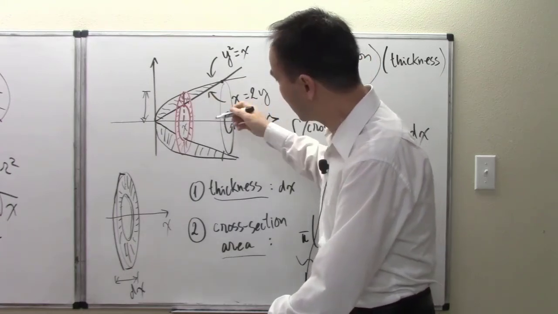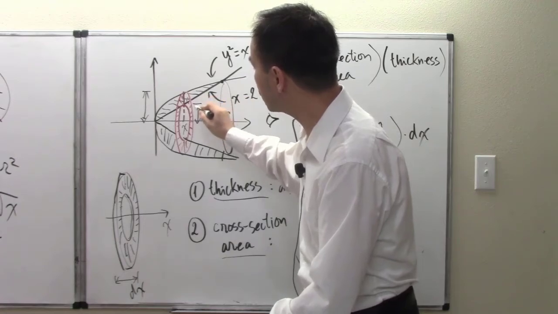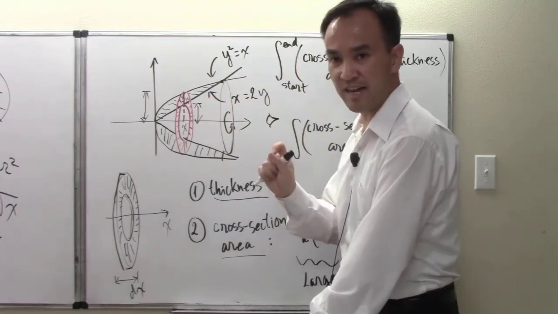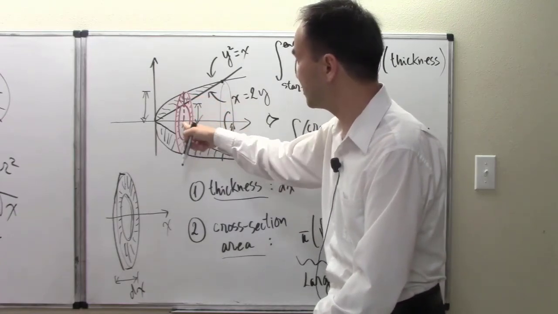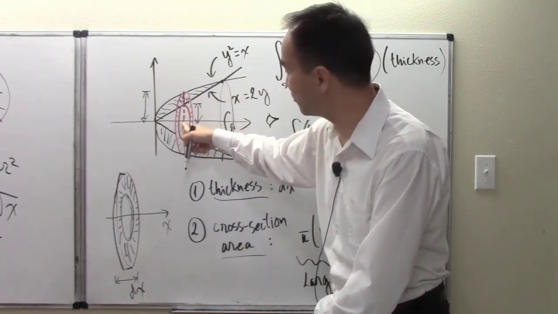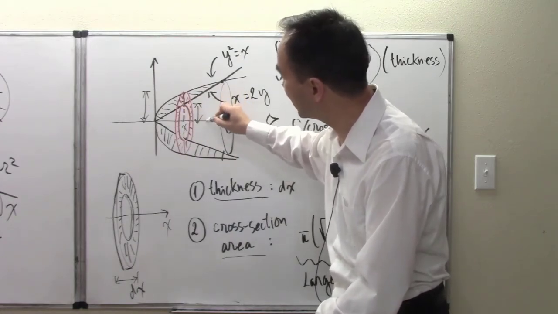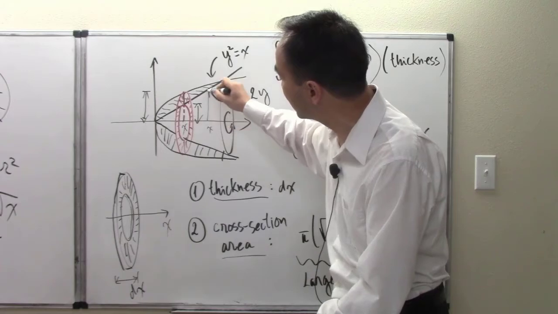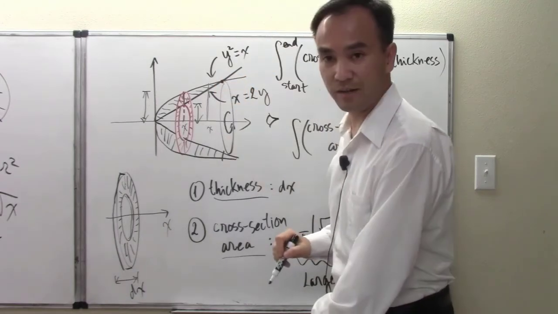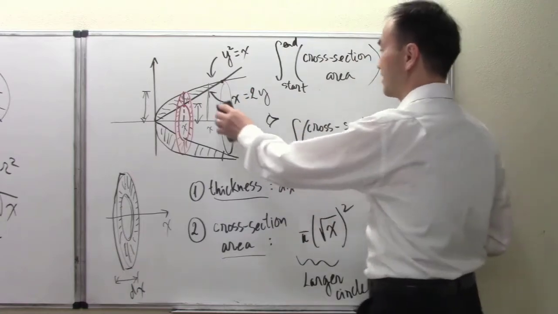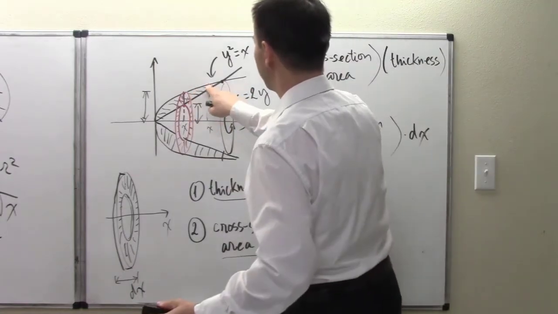So again, we need to express that height right here as a function of x, because at that particular x value, how high does it reach? We notice that the height changes: at a different x value, we have a different height, different inner radius and different outer radius. And so now, again, I am going to move to my other board.